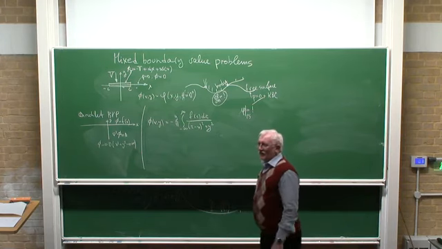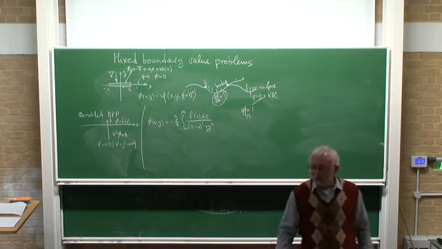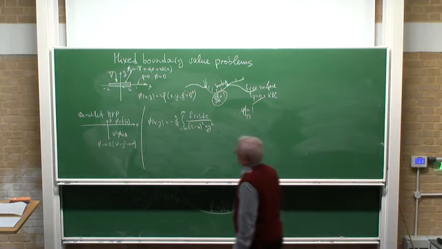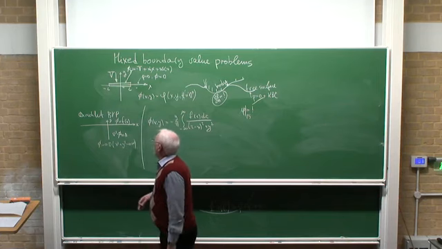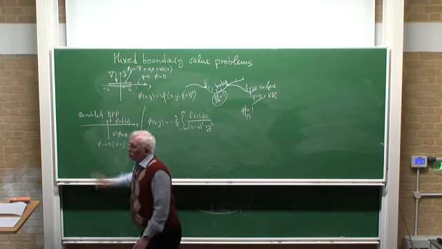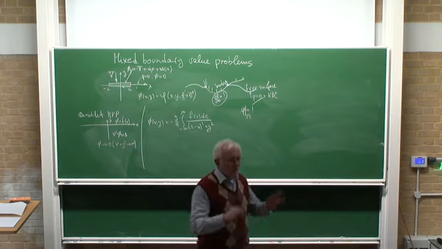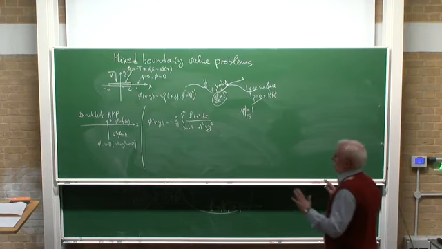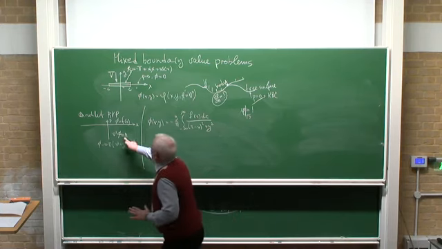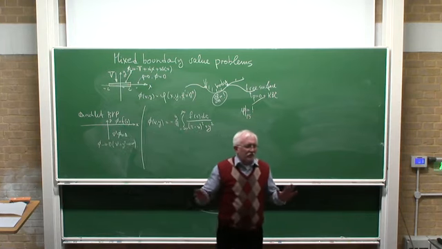Another way to prove it is that it can be shown in general that the solution of the Dirichlet problem is unique. So if we present the solution and show that this function satisfies the Laplace equation and the boundary condition, then that is the solution. Right?